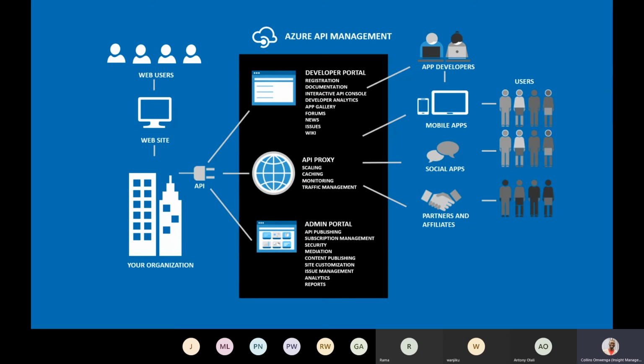So from your perspective, we're looking at the admin portal in terms of the services that your platform is providing, and how we make sure that if you want to monetize your data, you can do that via APIs. The best example would be, let's say, Google Maps APIs.